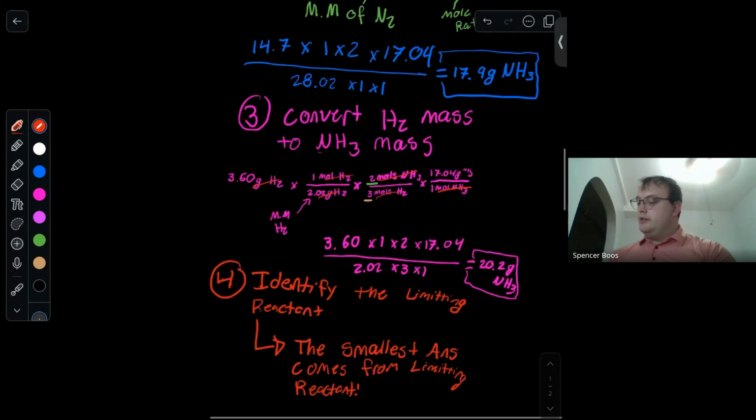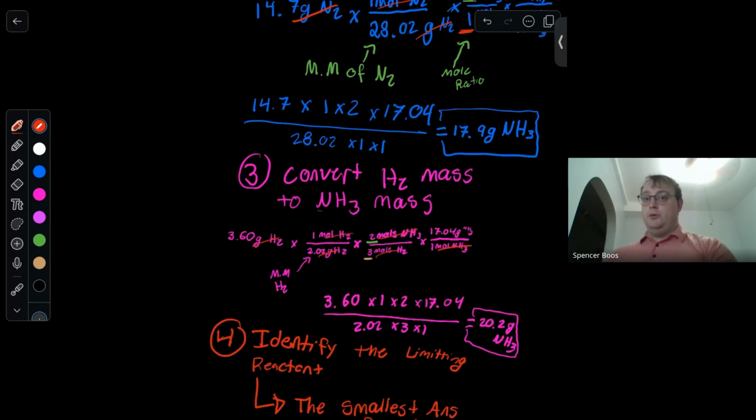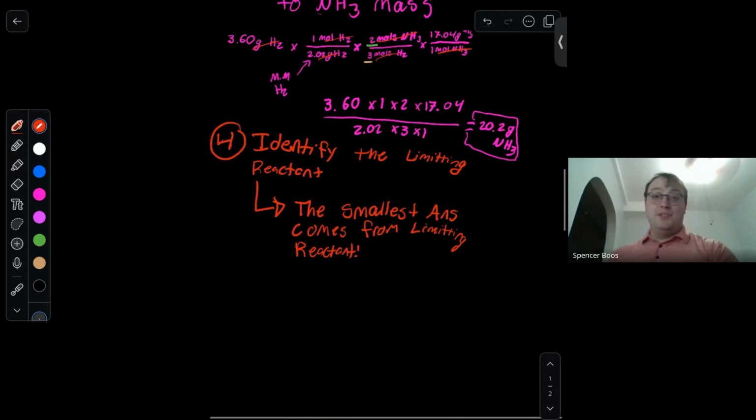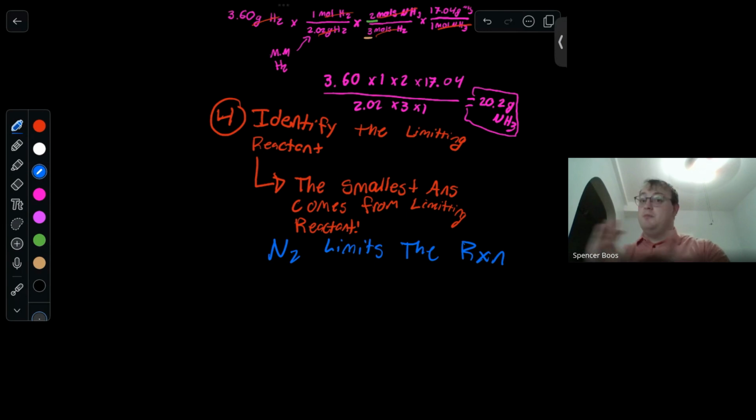So here, if I compare our two answers that we got, this shows that our limiting reactant is N2. So this is great, right? In this case, N2 limits the reaction. Great. All's good and now is done, right?